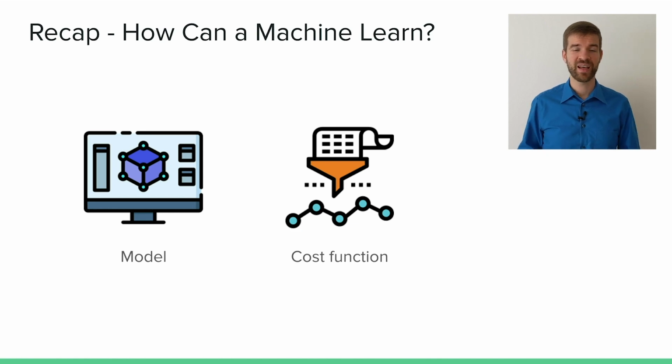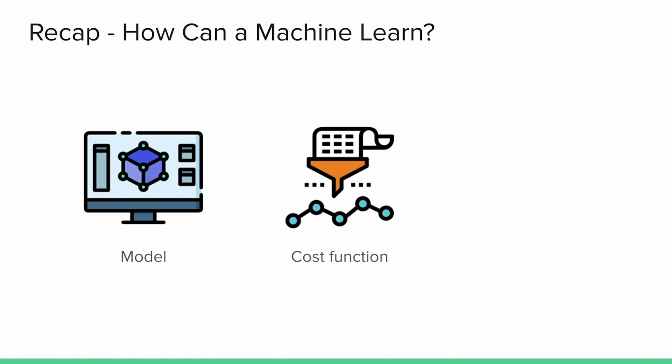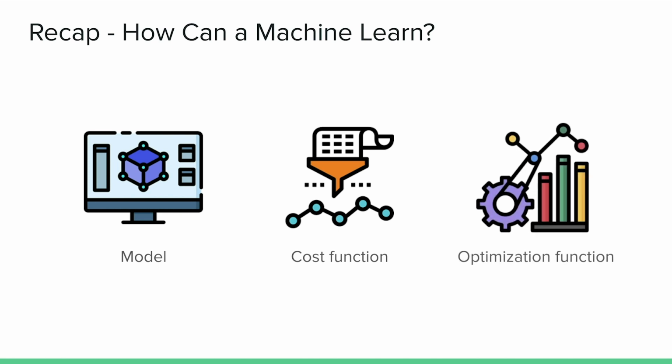And ideally, this loss should be as low as possible. And to get to this point where we have a low loss, we need a third ingredient, which is an optimization function, which basically is nothing but telling us in which direction should we go, what should we change to reduce the loss to get better.